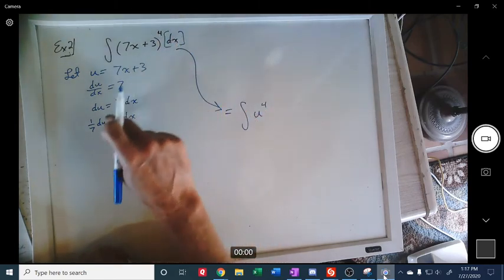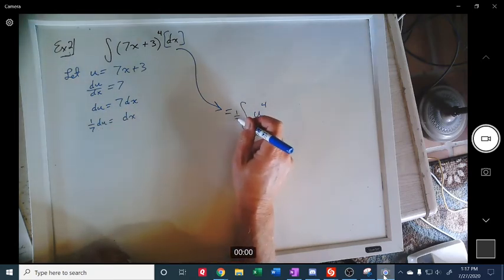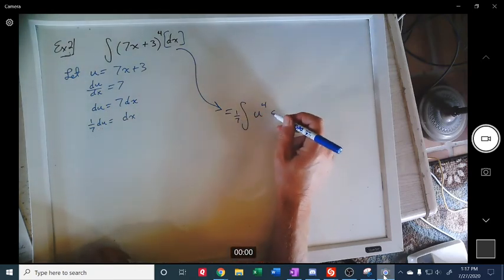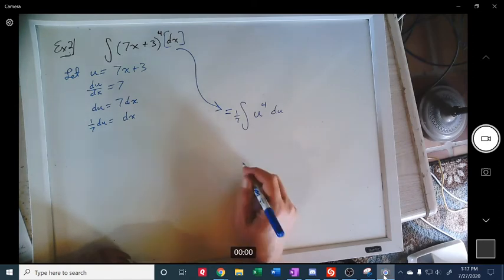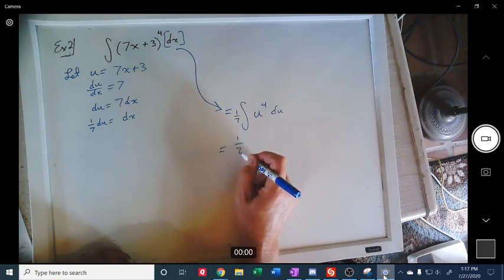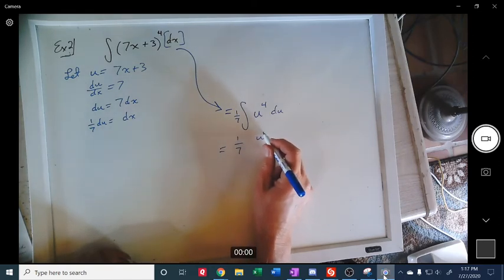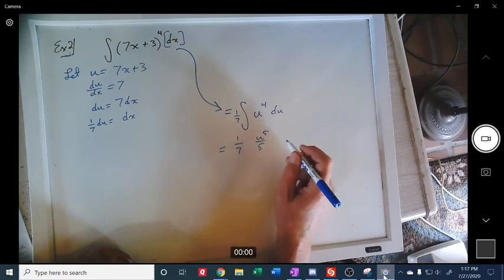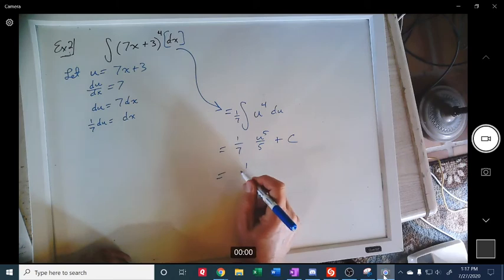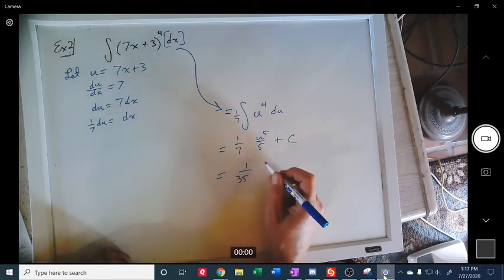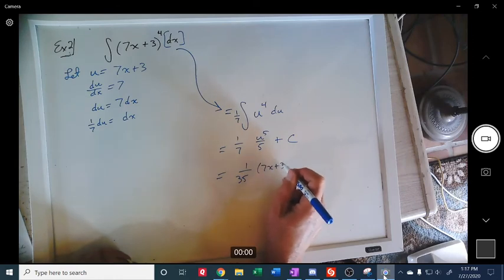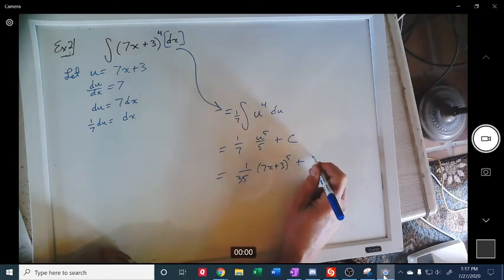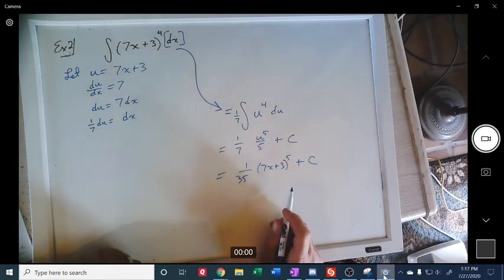Instead of dx, I'm going to put 1/7, but I'm going to put that out in front. du. This is 1/7 u to the 5th over 5 plus a constant, which is 1/35th, and then u to the 5th is (7x plus 3) to the 5th plus a constant c.